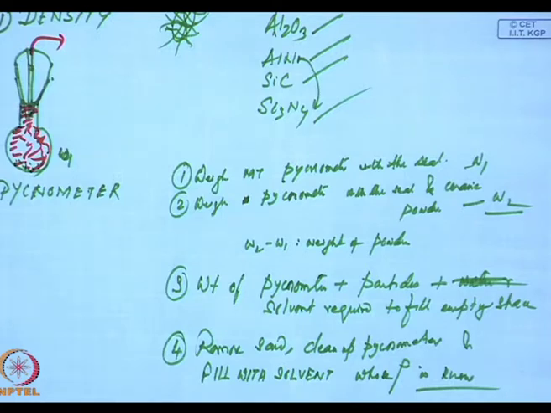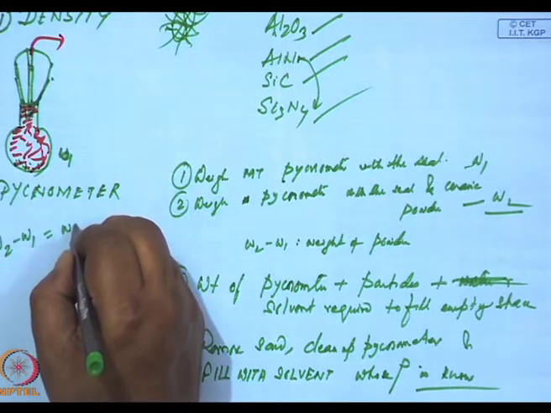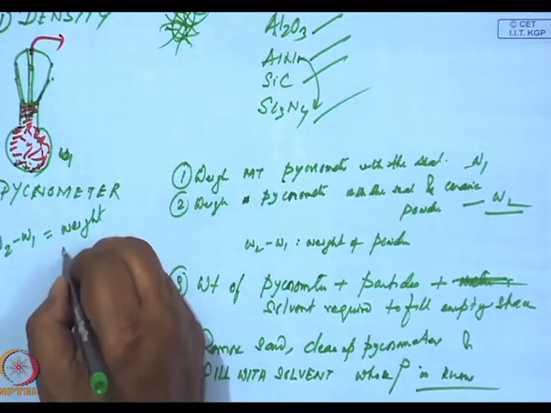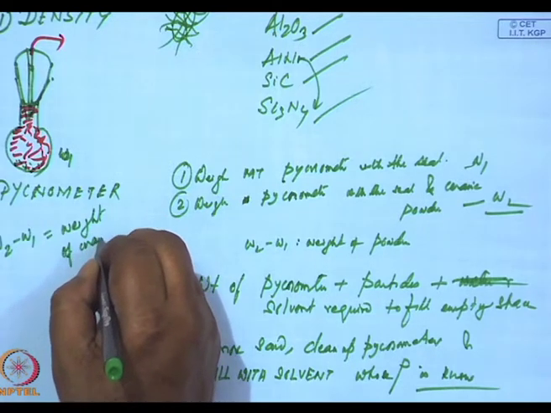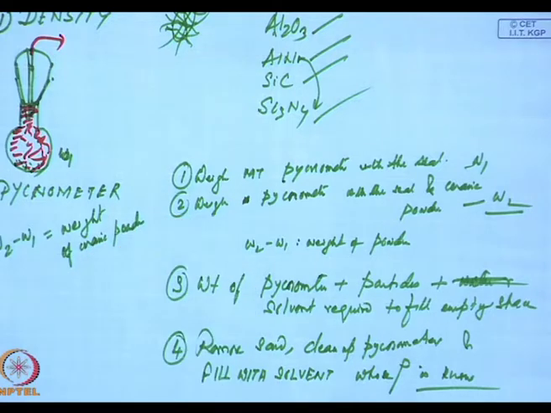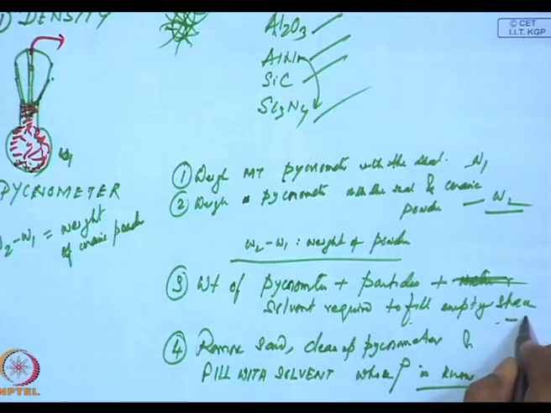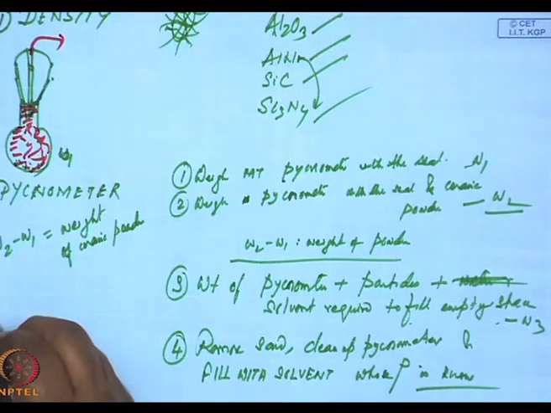So, W2 minus W1 is the weight of the ceramic powder. Of course, I have written it over here. Then this is W3.